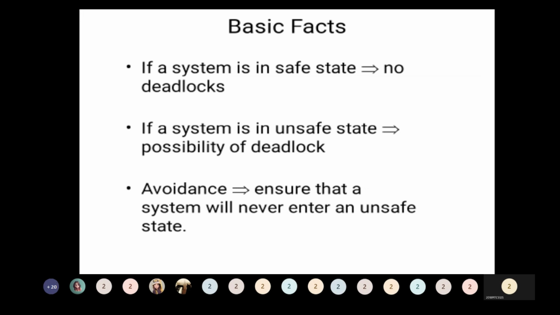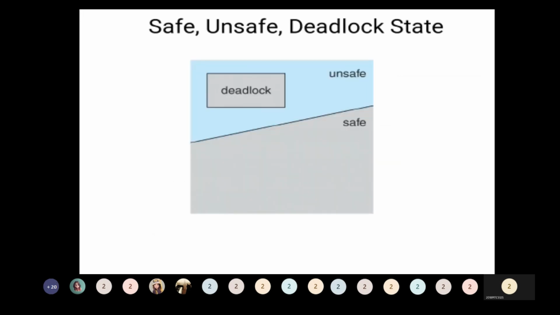Avoidance. To avoid deadlock, we have to ensure that our system will never enter an unsafe state. Take this diagram: in an unsafe state, there is a possibility of deadlock; in a safe state, there will not be deadlocks.